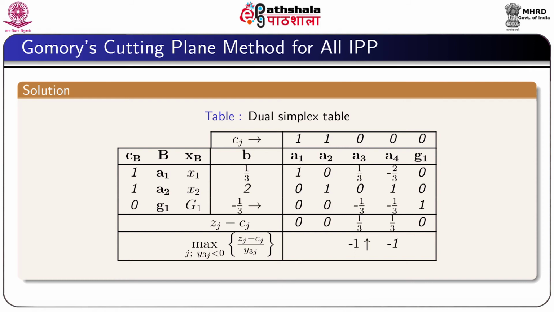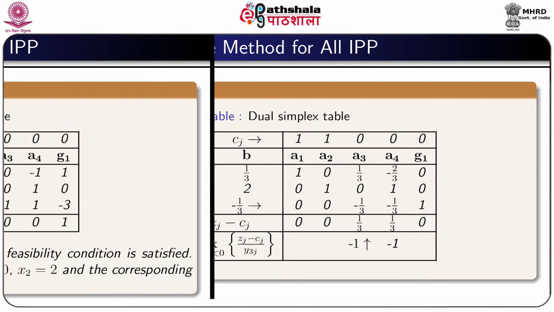Then from the third row we see that we have two negative components, minus 1/3 and minus 1/3, and their corresponding Zj minus Cj values are 1/3 and 1/3. Therefore, we compute Zj minus Cj divided by this negative component, and we find the maximum of these. Since both the ratios are -1 and -1, we choose arbitrarily a3 as the entering vector.